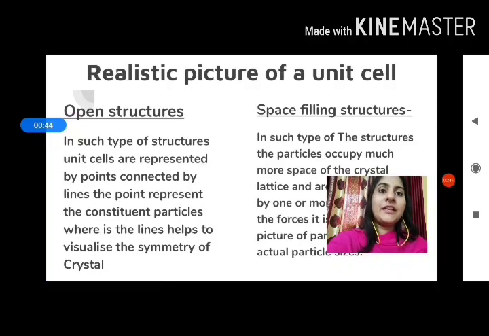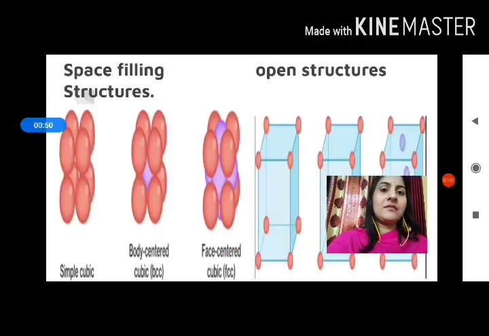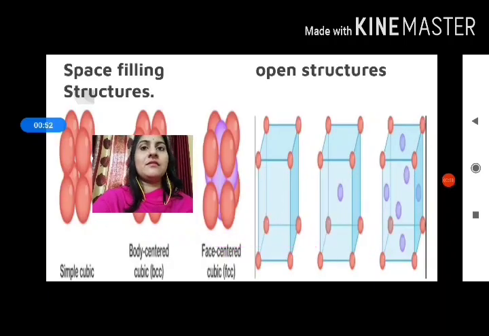But before starting we need to know the realistic picture of the unit cell. To the right side of the slide we have the open structure in which the constituent particles are present as points in the lattices, called lattice points.